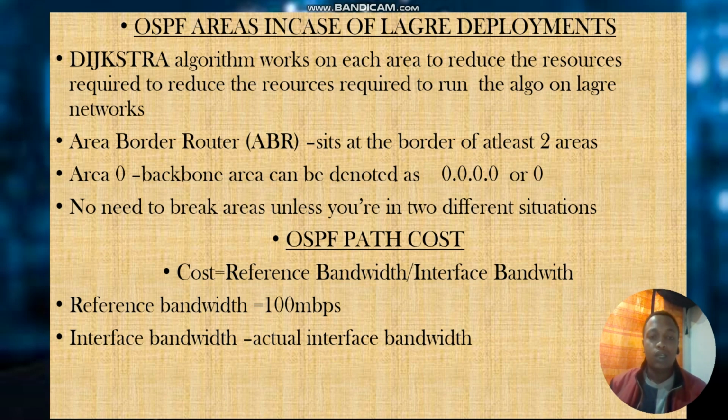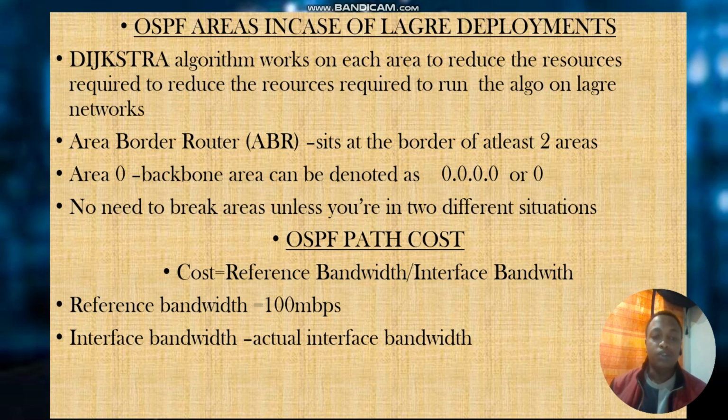Now, how do we calculate the path cost of an OSPF router interface? We do this by taking the reference bandwidth, which is by default 100, and dividing it by the actual interface bandwidth. So for example, you have an interface bandwidth of 100 Mbps and the reference bandwidth is 100 Mbps.